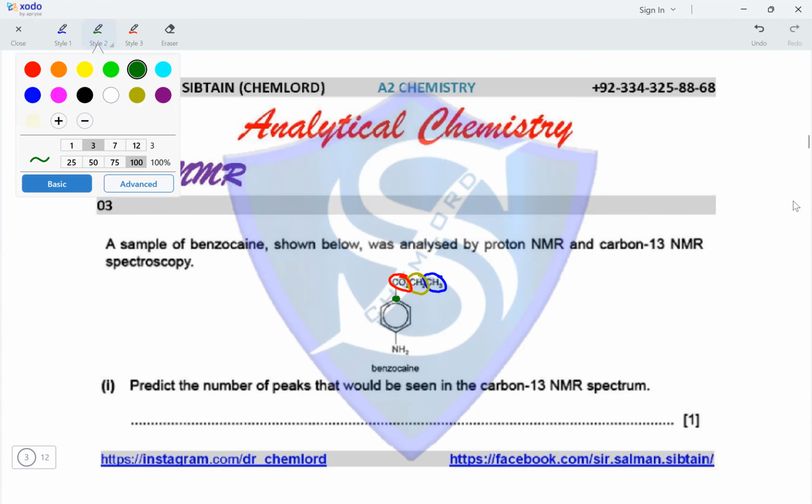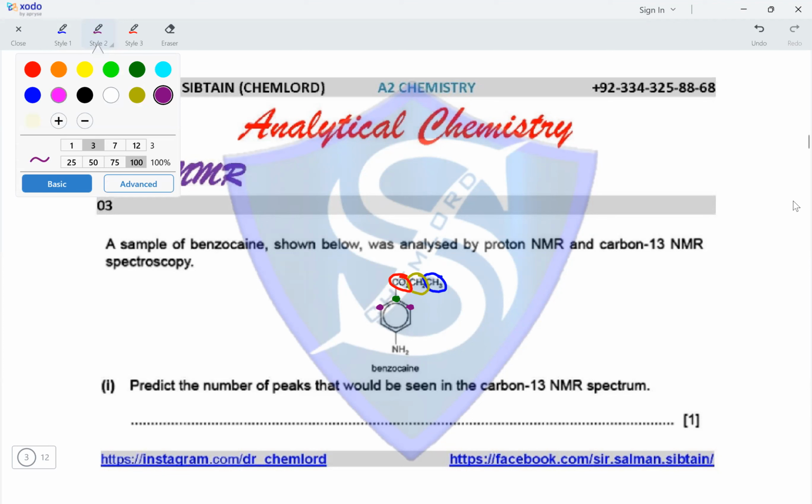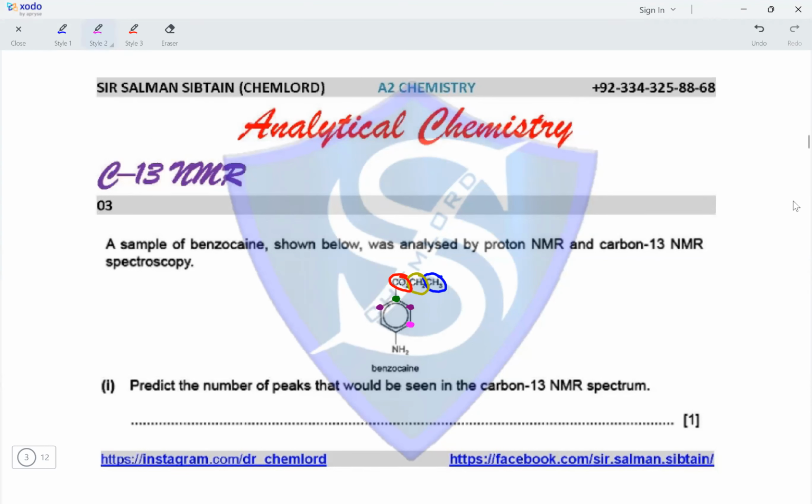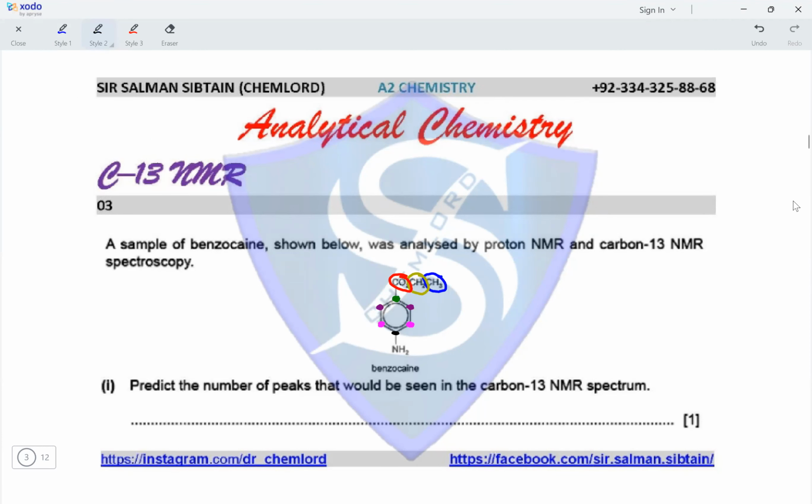Then we would have a separate peak for the 2 carbon atoms on opposite side to the carbon atom coded in green. Then we would have another environment with the two carbon atoms adjacent to the purple carbons. Then we would have another environment in which we have the NH2 group attached.